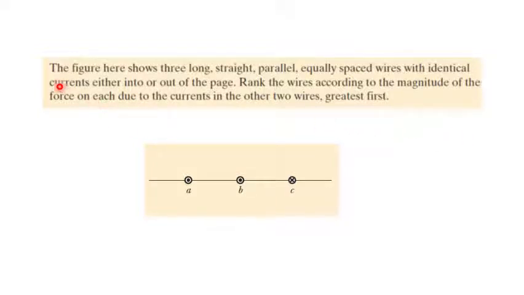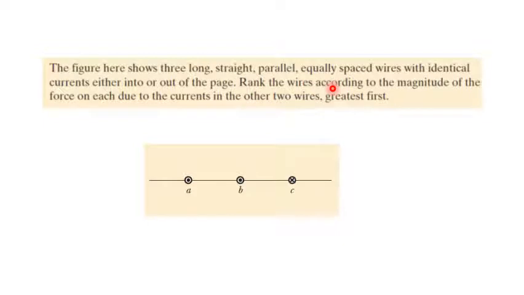Here in the example, the figure shows 3 long straight parallel equally spaced wires. So the spacing between them is the same, and they are long, so you are going to assume they are infinite, with identical current. So the value of the current is the same, either into or out of the page. Here A and B are out of the page and C is into the page.